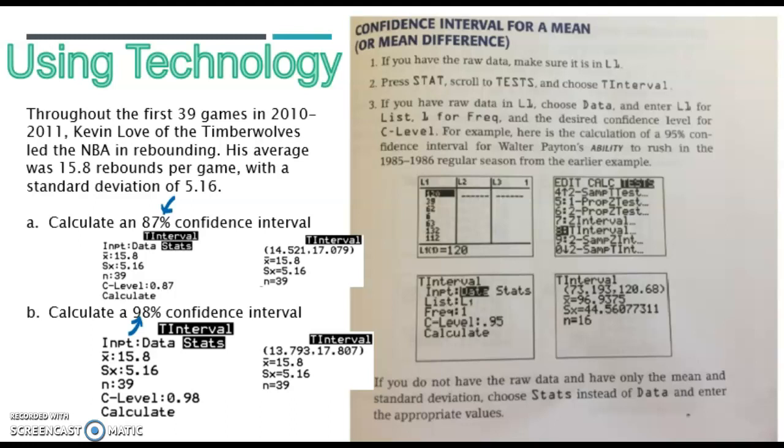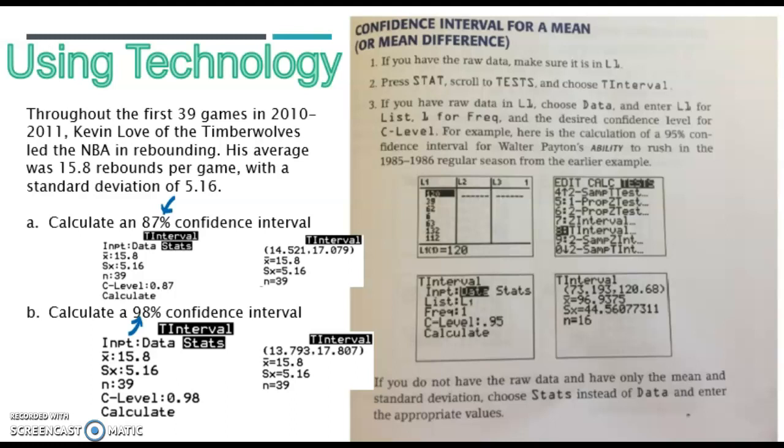So if you put your raw data, like let's say here in list 1, you can come to data, make sure it's on data, make sure it's coming from the right list, whatever your confidence level is, and then calculate. And the other option is if you're doing stats. So if you're doing stats, it's going to be kind of like this problem with Kevin Love, where they're giving you the mean, they're giving you standard deviation. So you want to hit the stat button in that case. All right. But either way, it's going to shoot out an interval for you. It's kind of nice. So let's do these problems.